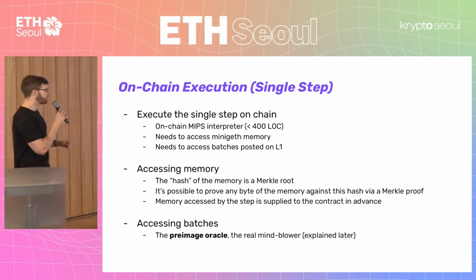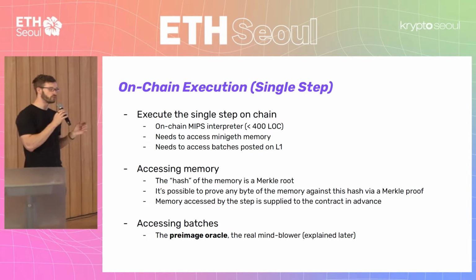Accessing memory is relatively easy because we already have a hash of the memory. We have a Merkle root of the memory, and this Merkle root lets us prove any possible piece of memory against it, right?